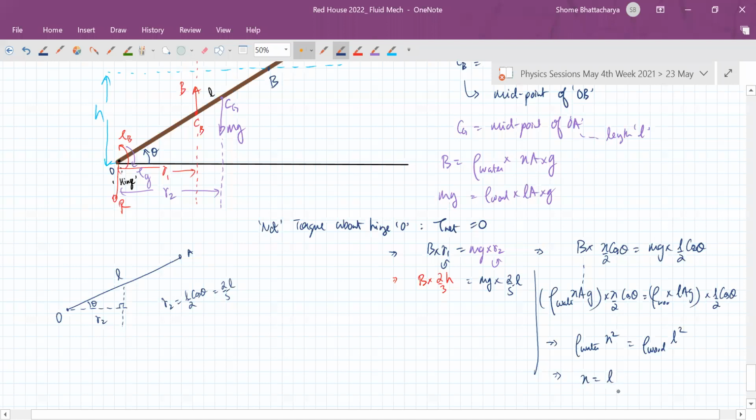So x should be equal to L into square root of density of wood divided by density of water.